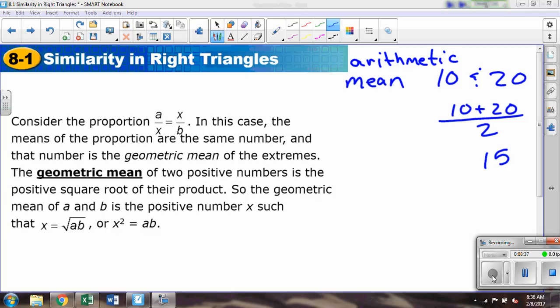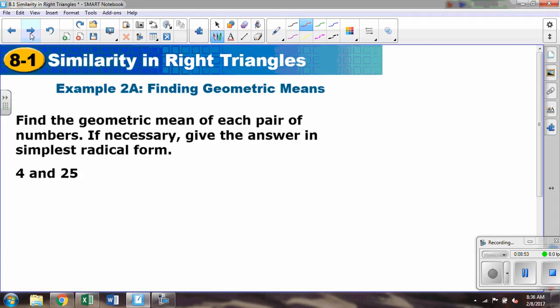In that instance, if we wanted to get the geometric mean between two numbers like 10 and 20, we would not add them together, we would have to multiply. And instead of dividing, we would have to take a square root. Part of our skills are to simply look at this and say, what is the geometric mean of two numbers 4 and 25?